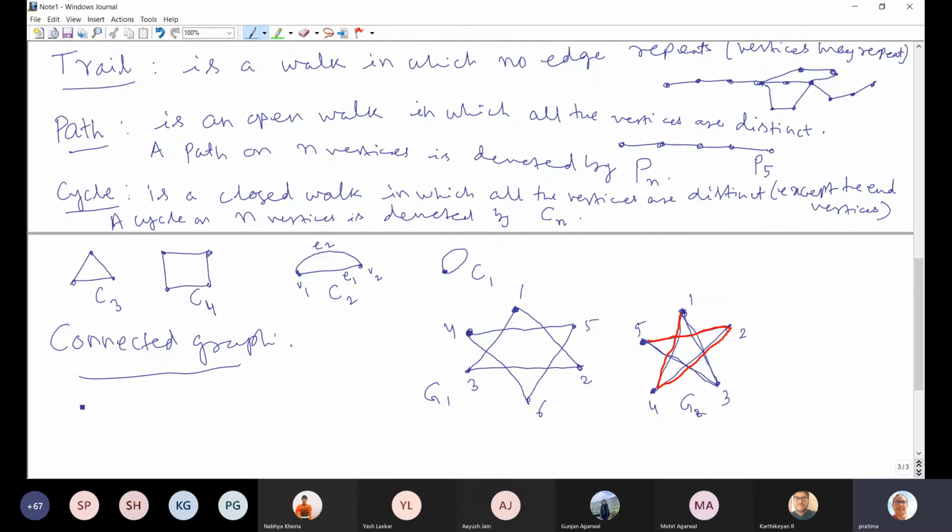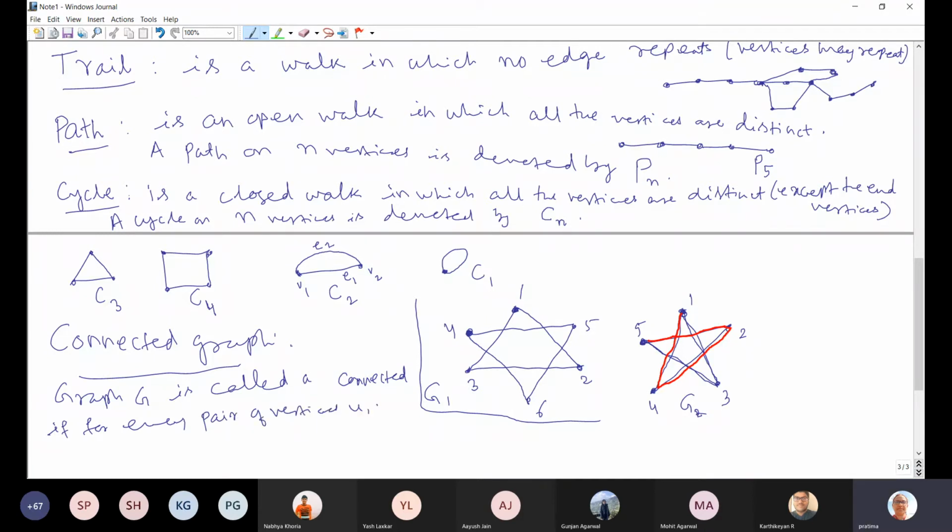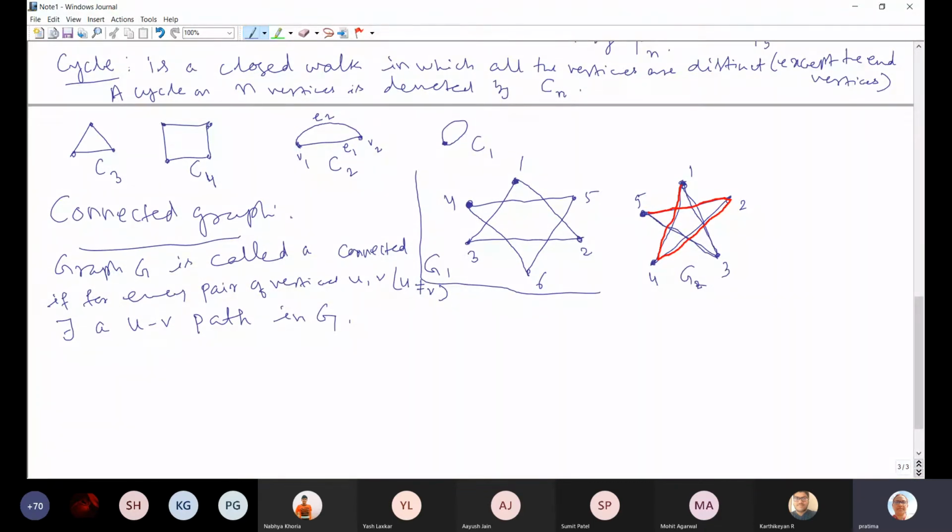Let me write the definition. A graph G is called connected if for every pair of vertices u, v, with u not equal to v, there exists a u-v path in the graph G. So for every pair of distinct vertices u, v we should have a u-v path in the graph.